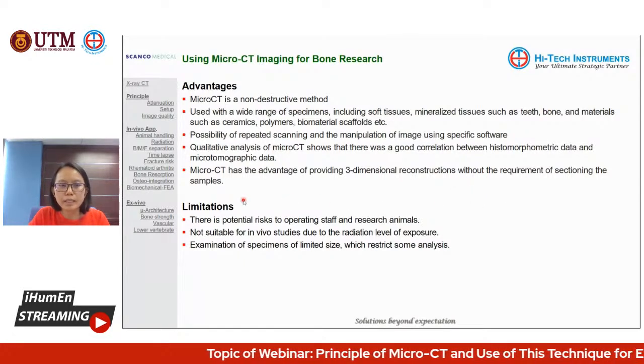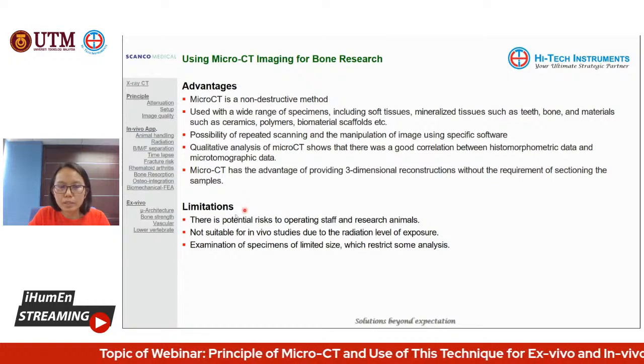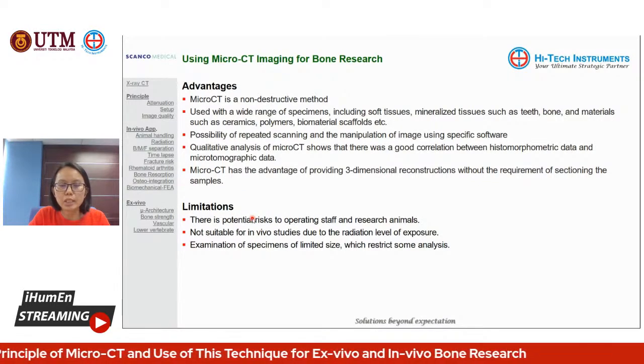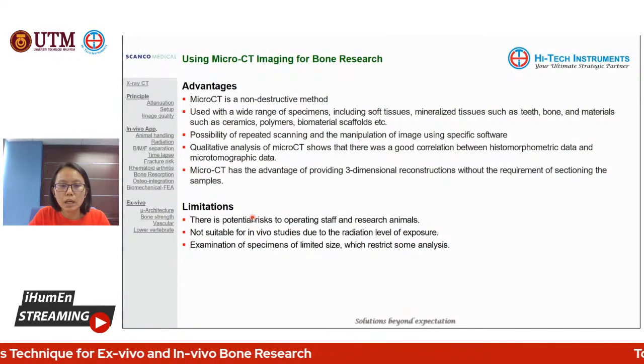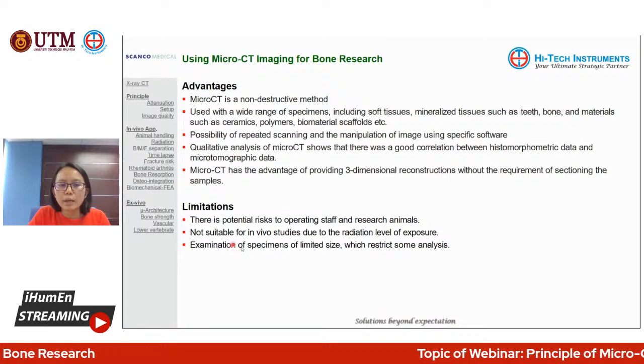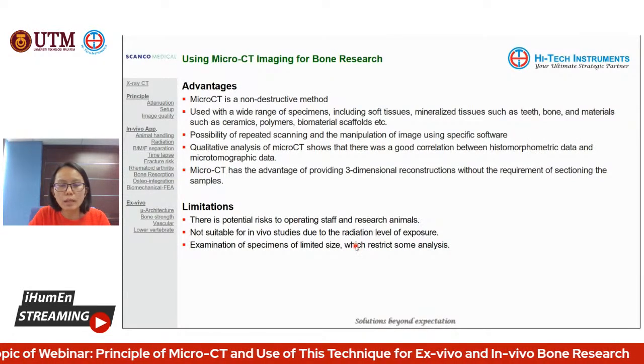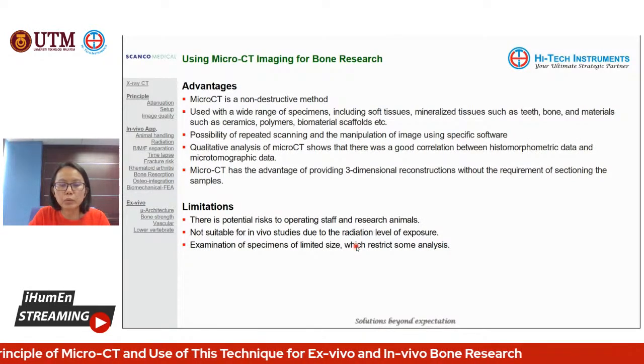However, the limitation is that there is a potential risk to the operating staff and the research animal, which is the X-ray radiation exposure. When it comes to in vivo work, if the radiation level is too high, it might cause some defect to the bone growth of the animal itself.